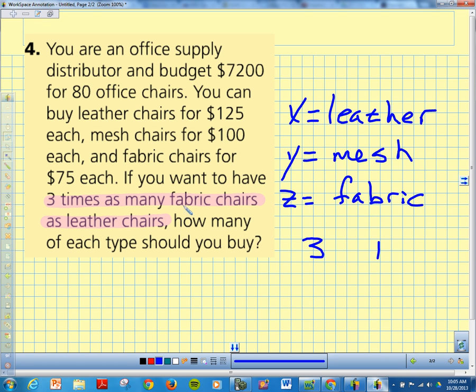Z. I have 3 times as many Z's as I do, what's the leather? X. So I want to make these two equal to one another. If I'm looking at the number part, what do I have to multiply which side and by what to make them equal? I have to multiply x by 3, right? So I have to multiply the 3 right there to make these two equal.